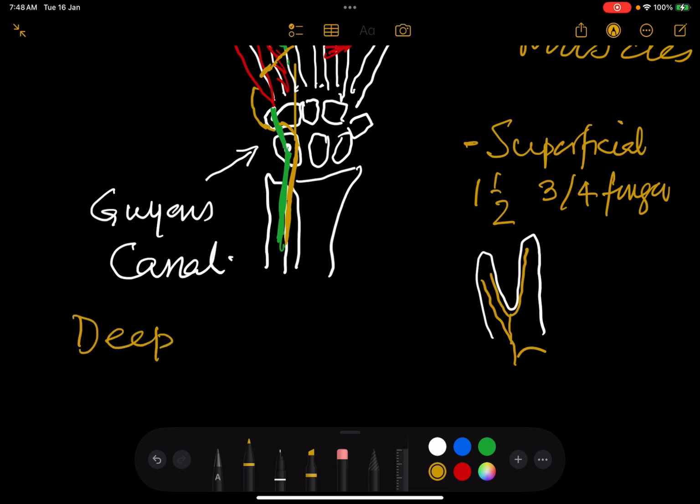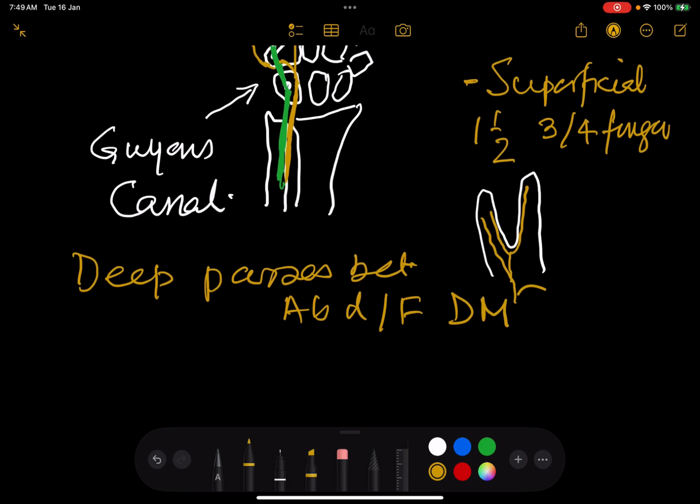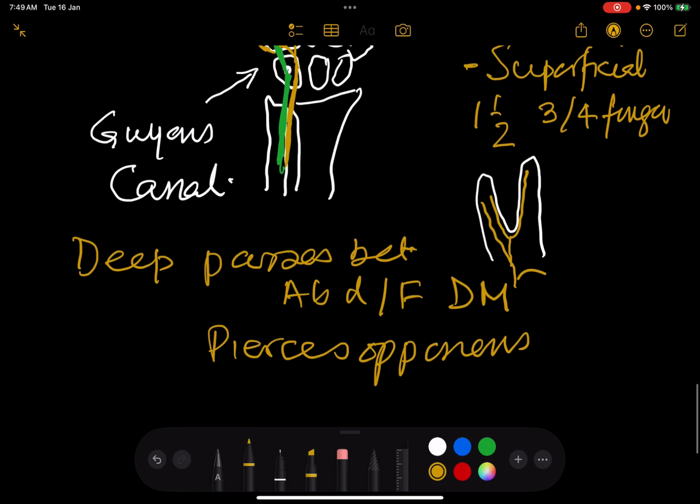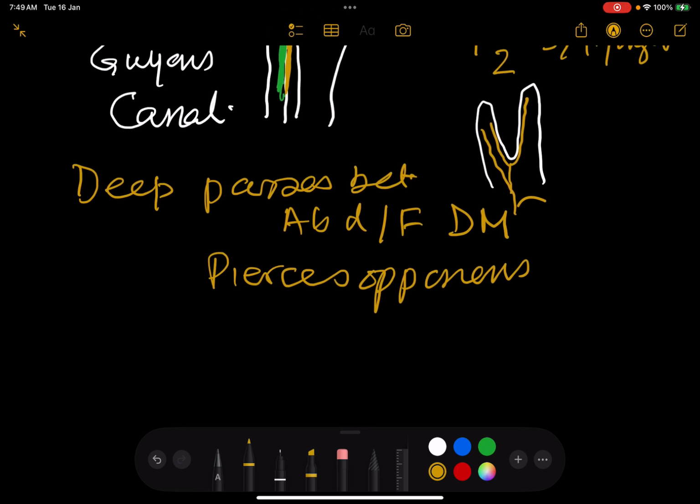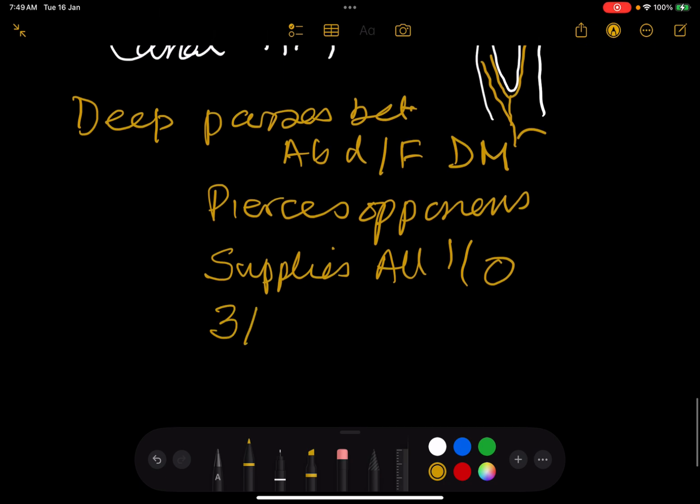The deep branch passes between abductor and flexor digiti minimi, pierces the opponens digiti minimi, arches just anterior to the interossei, supplies all interossei, third and fourth lumbricals, and ends in the transverse head of adductor pollicis.